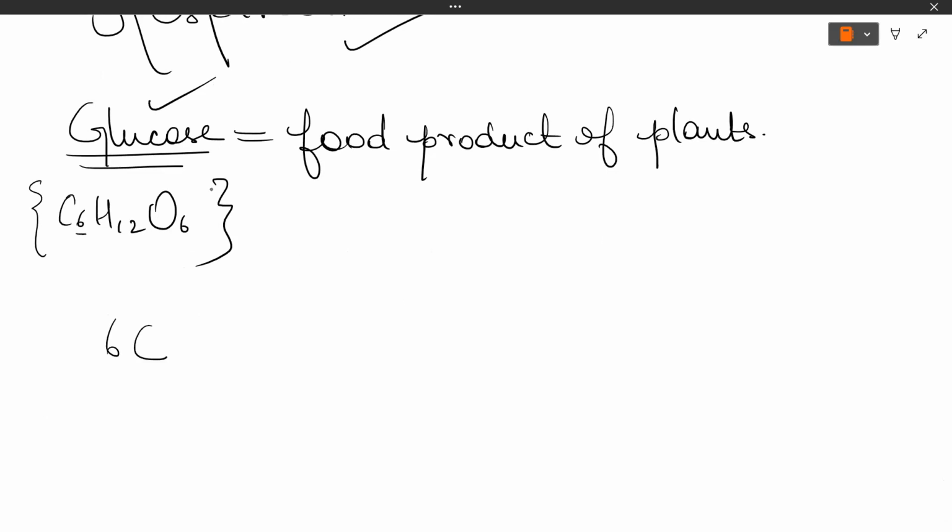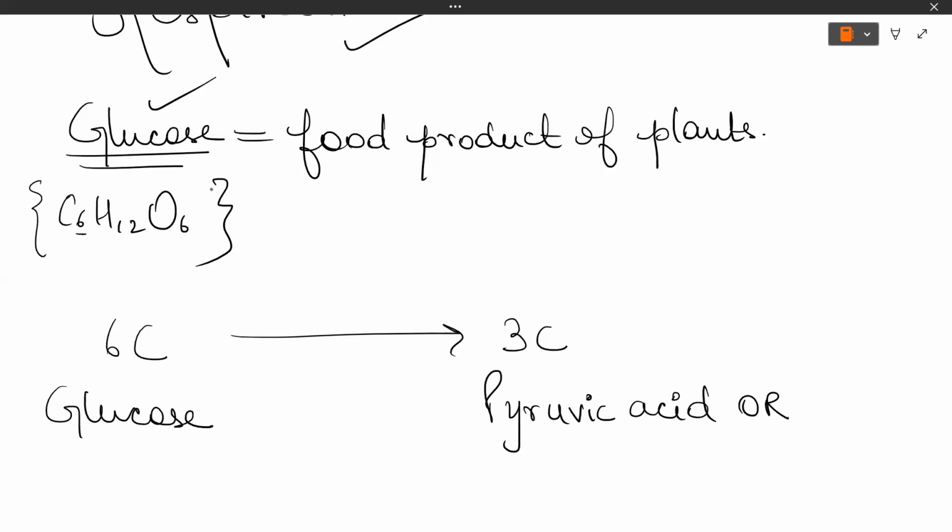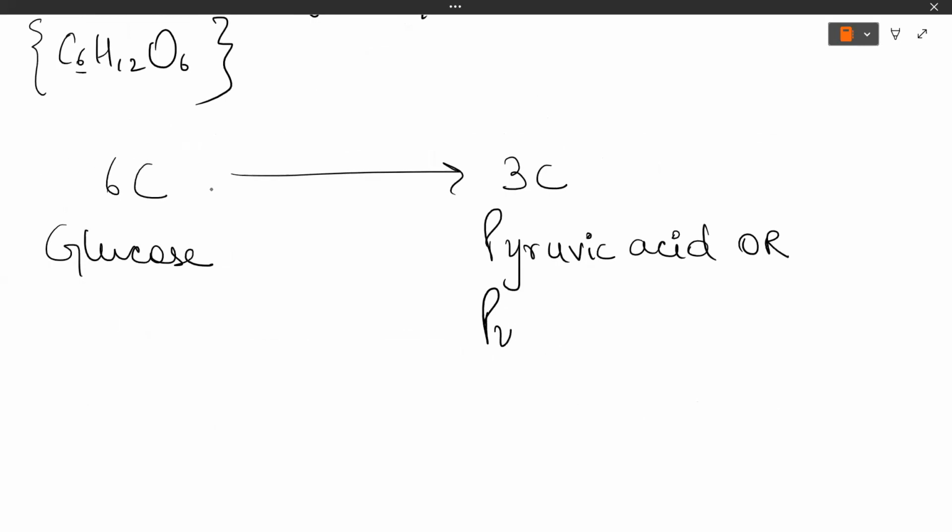This 6-carbon molecule is glucose and the 3-carbon molecule is the pyruvic acid, or you can also call it pyruvate. This process is accompanied by a release of a lot of energy.